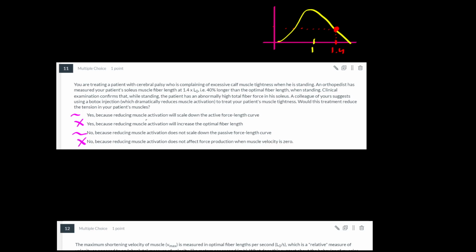Reducing muscle activation does change force production. So again, we're going over the maybe potentially coverable ones here. I think this is probably the best answer because we're already at a really low point on the force length velocity curve, but inferring that the excessive calf muscle tightness was a result of the passive force being really high, which we might remember from the passive force curve, which looks like this, starting at 1.